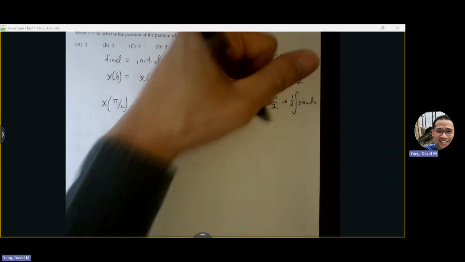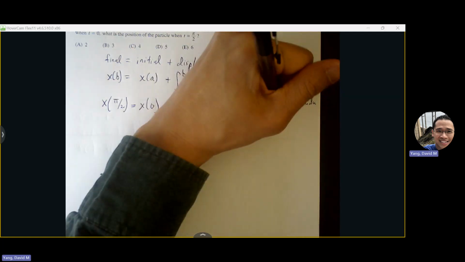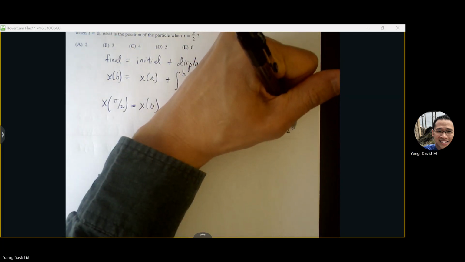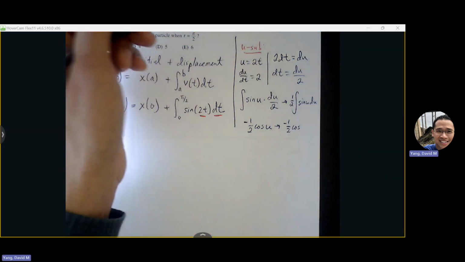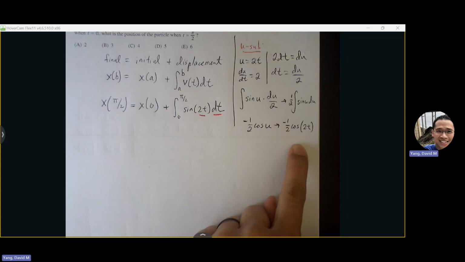Sine becomes negative cosine, so negative 1/2 cosine of u. Bring back your u value, which is 2t. And then you have to plug in your upper and lower bounds.